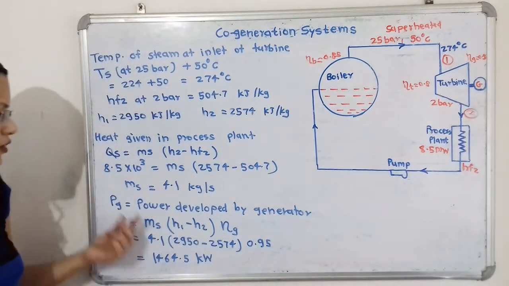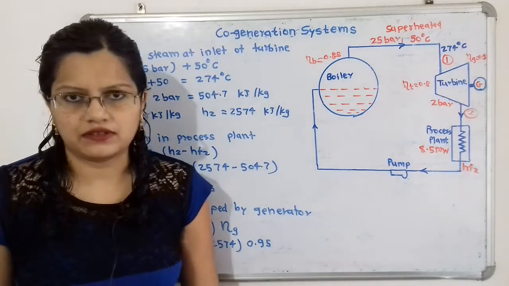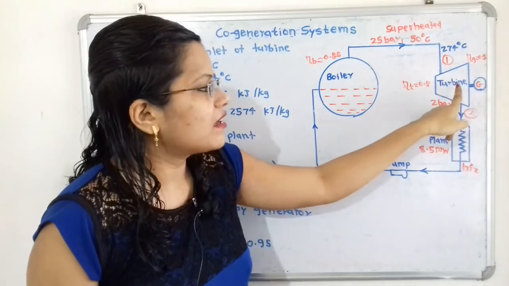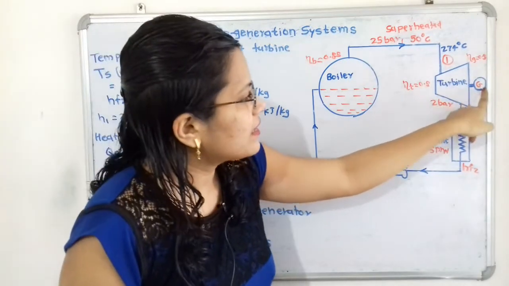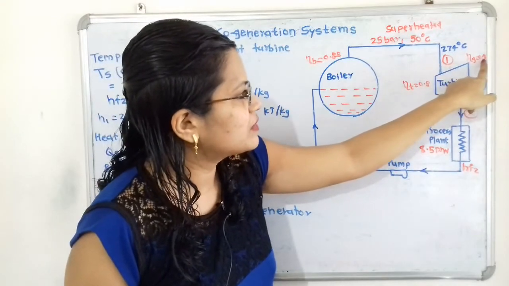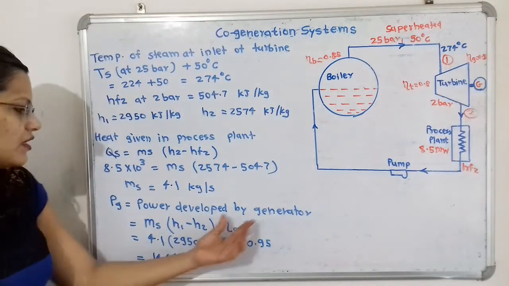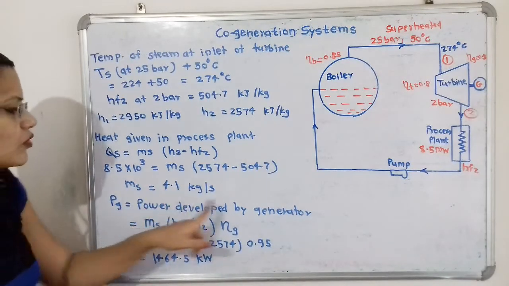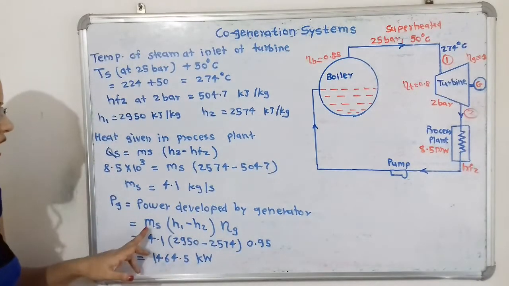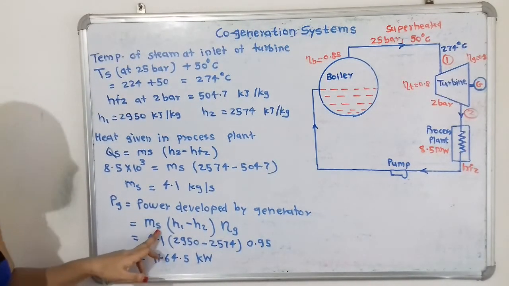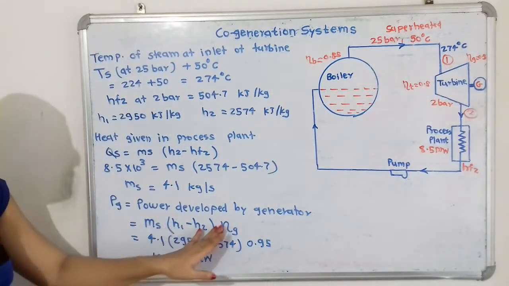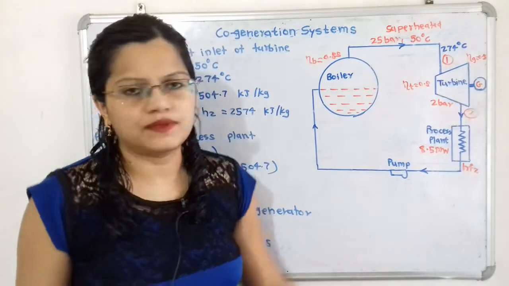Now we will calculate the power developed by the generator. If we observe, here is the generator, and this mechanical work is getting converted into electricity in this generator, and this generator has efficiency 0.95. To find the power developed by the generator, we have the formula: the mass of steam supplied ms and the enthalpy difference in the turbine, multiplied by the efficiency of the generator.